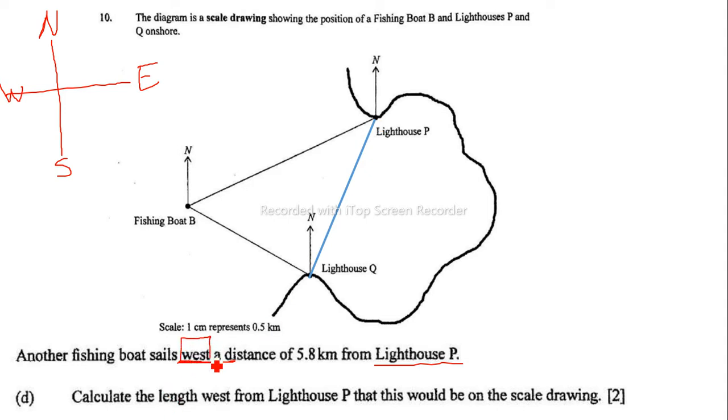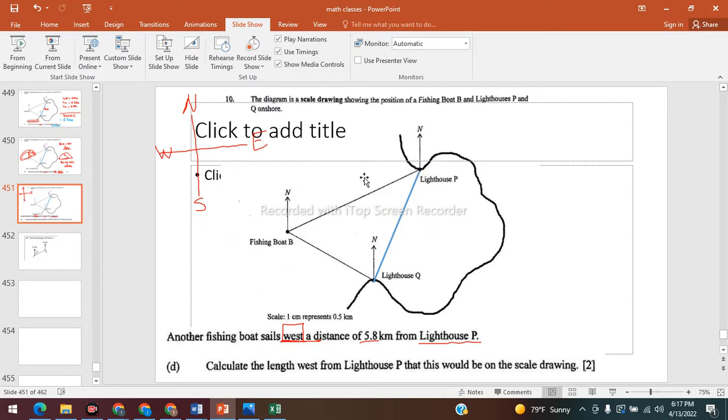So this is the next fishing boat. They didn't tell us what to call it, but it says that it goes a distance of 5.8 kilometers. Now remember, if we had our ruler, we could have drawn precisely 5.8 centimeters.